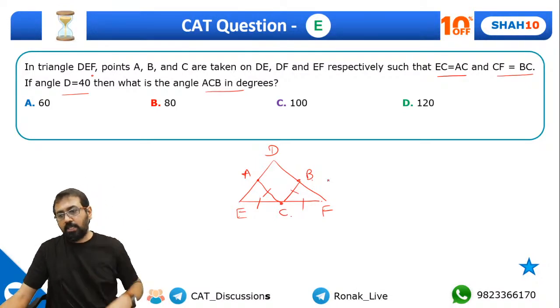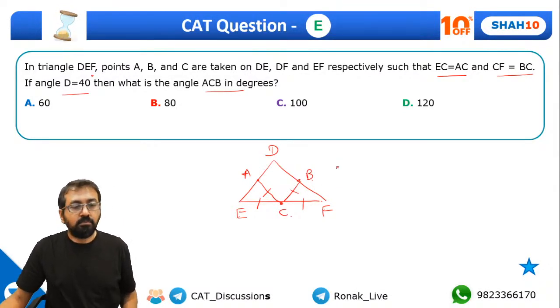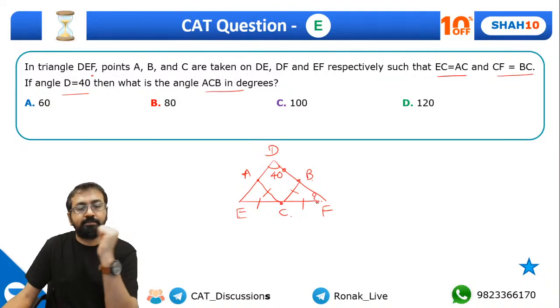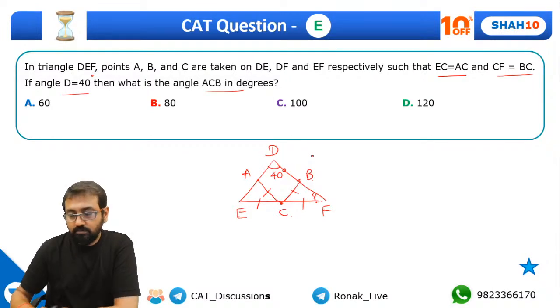So these two are equal. Yes? D is given as 40 degree. This is 40. You need to find out this one. Take 1 minute's time.